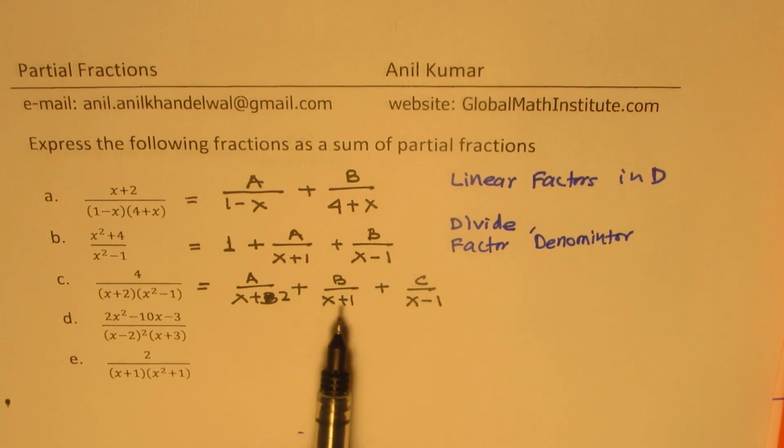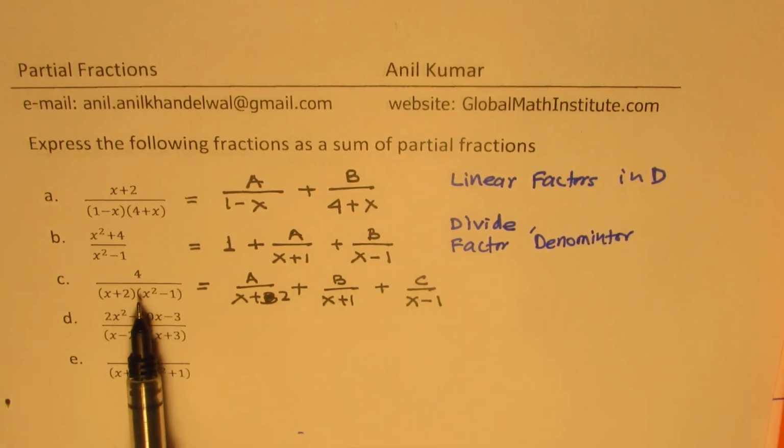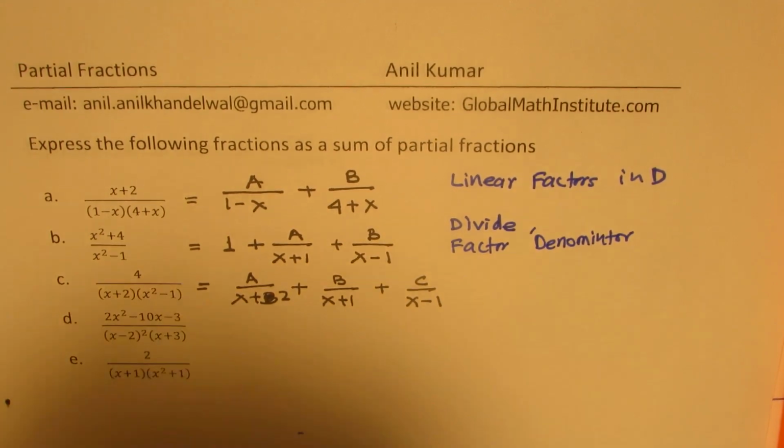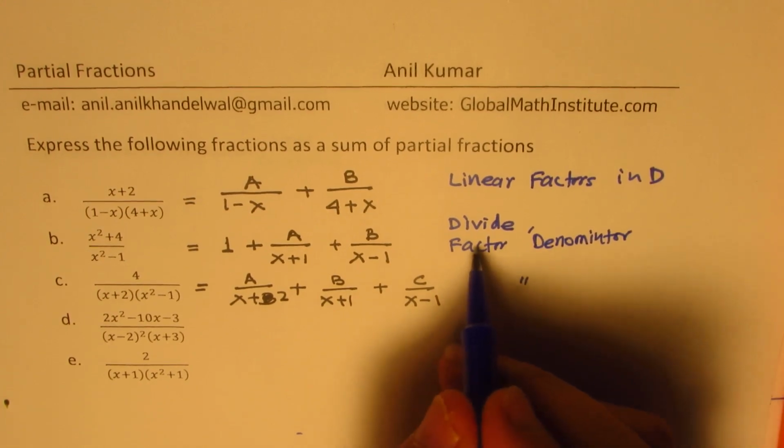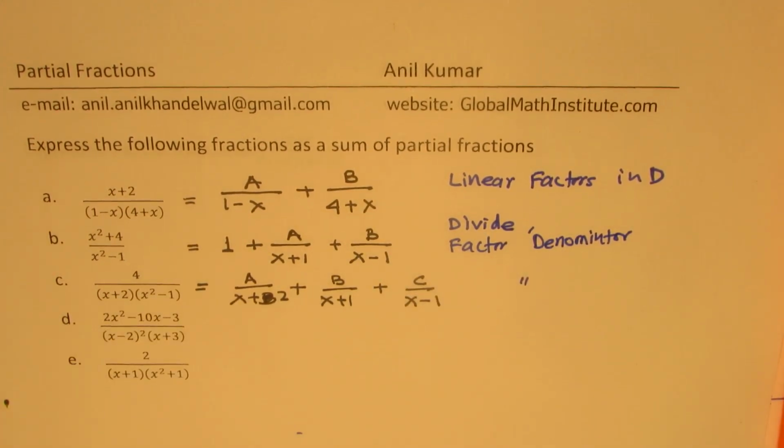So these factors x plus 1 and x minus 1 are because of x squared minus 1. If you have something in the quadratic form in the denominator, that should be factored before writing the partial fractions. So always we'll follow the same thing: factor the denominator.